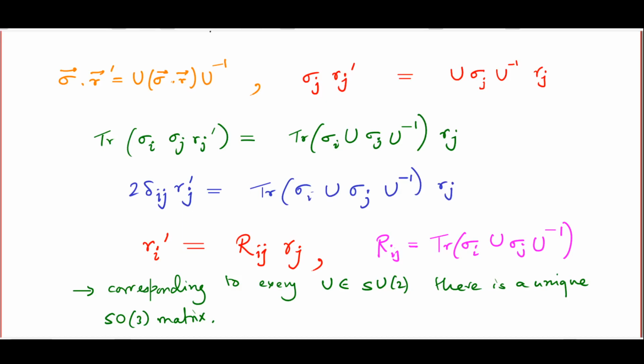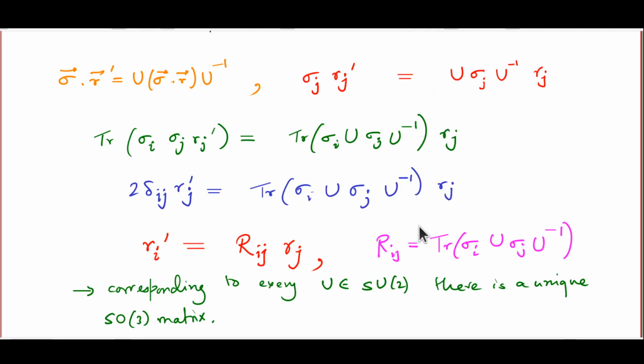So the left hand side simplifies further. Remember, there is a sum over j and you have a delta ij, which makes the sum very simple. So twice ri prime is what you get on the left hand side, and if you divide the whole thing by 2, you get ri prime equal to capital Rij small rj, and you can immediately read off the capital Rij coefficients as half of trace of sigma i u sigma j u inverse.